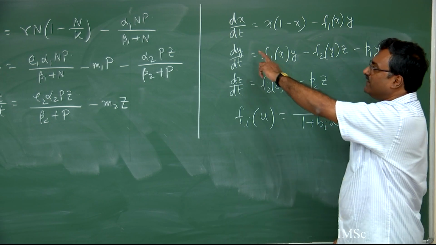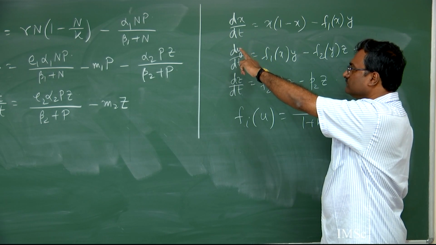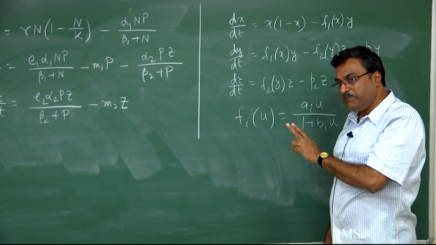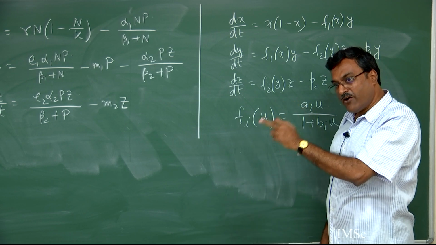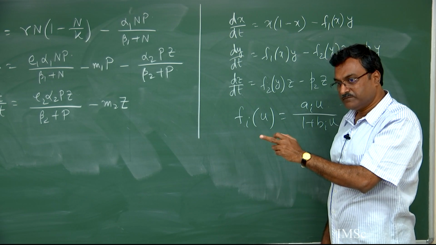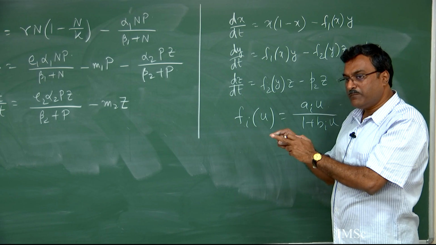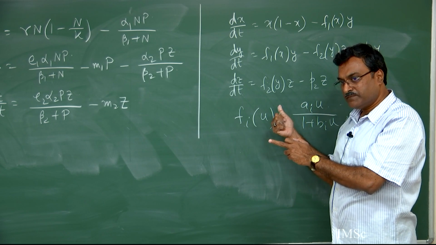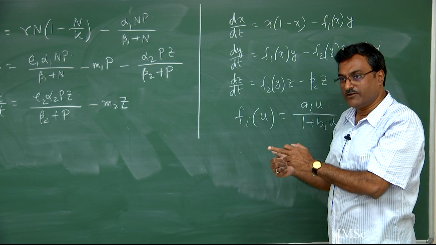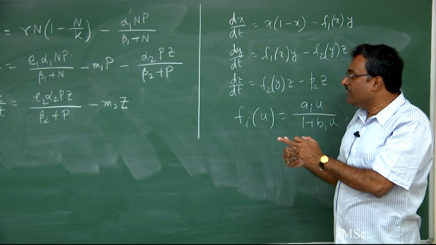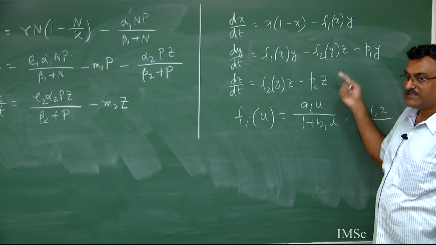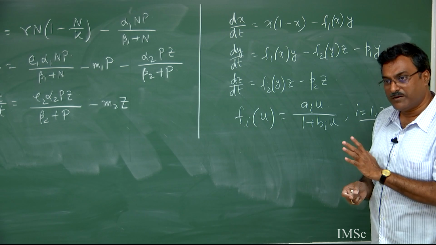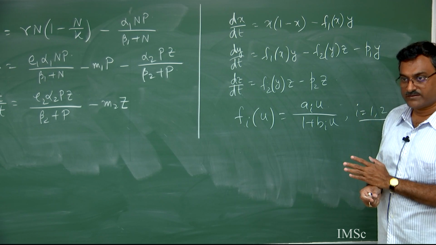So one will be of course the trivial equilibrium point, then you will have an equilibrium point of the form prey only equilibrium, then there will be another equilibrium point where prey and predator are present but top predator is absent, and finally you will have the coexisting equilibrium point. But in order to judge the stability of this system, your Jacobian matrix evaluated at any one of the equilibrium points is a 3×3 matrix.